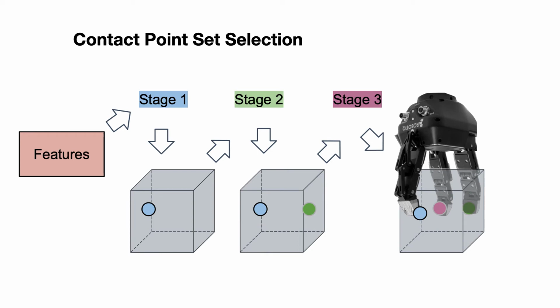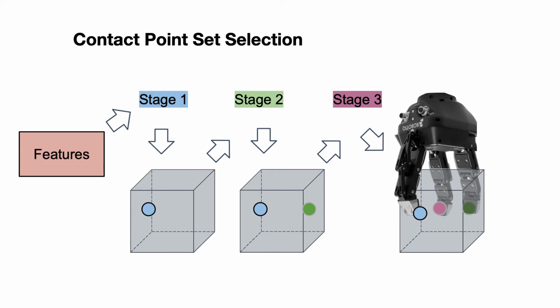Conditioning on the first and the second selected points, in stage 3, our model predicts the probability of whether the third point belongs to the same contact point set as the first and the second selected points. Our model then ranks object points and selects the top K3 points.